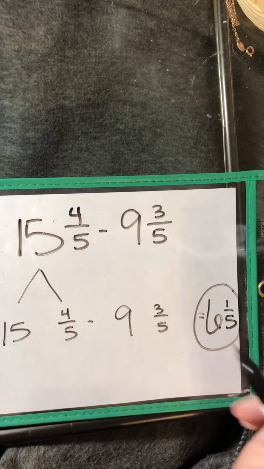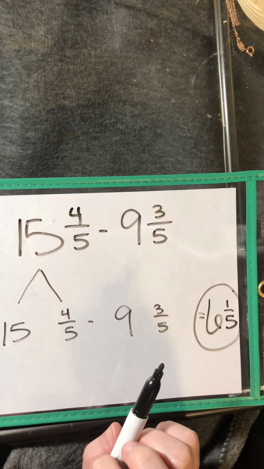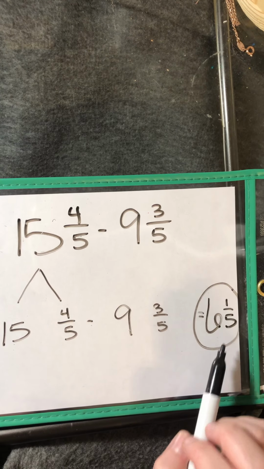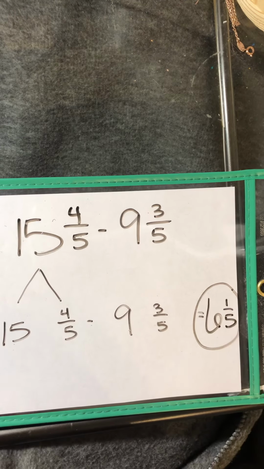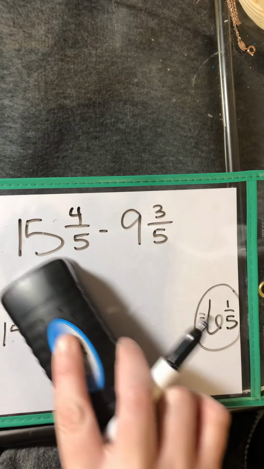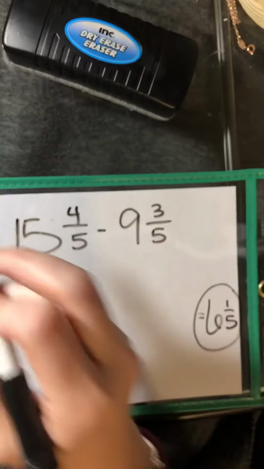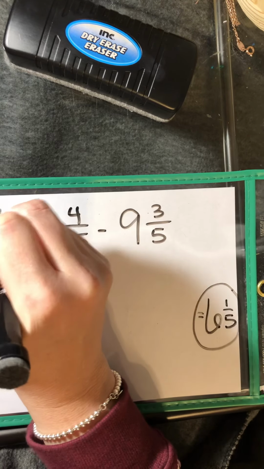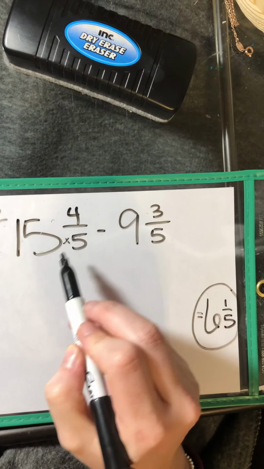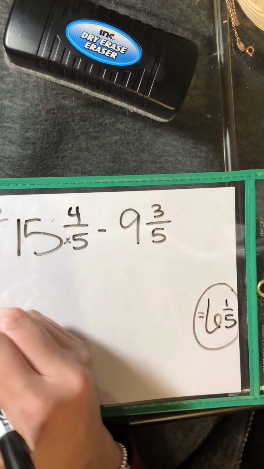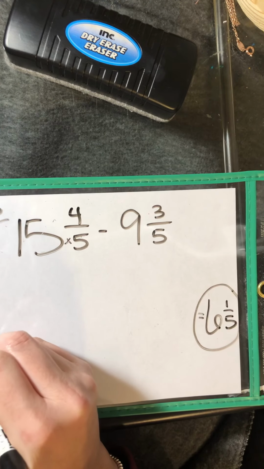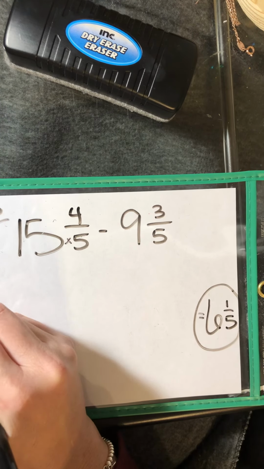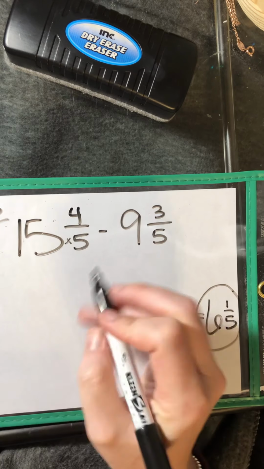Let me change both of these into improper fractions and see if we still get the answer of 6 1/5. I'm going to leave that answer there just so we can see. I'm going to use MAD, multiply, 15 times 5. I can go ahead and do that over here, 75.